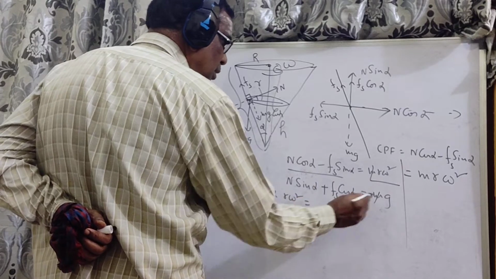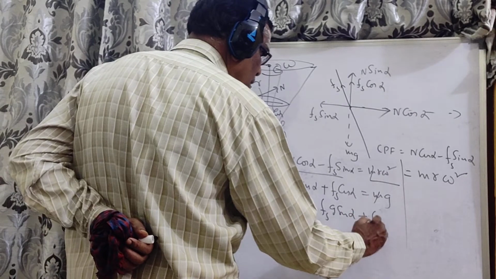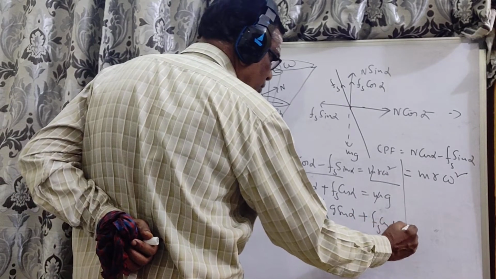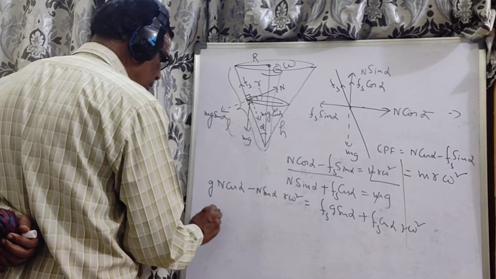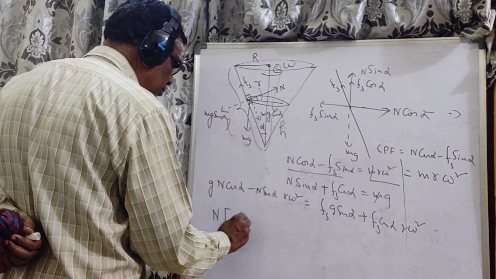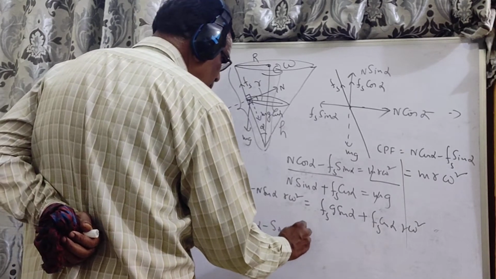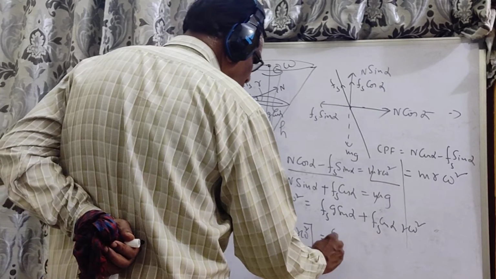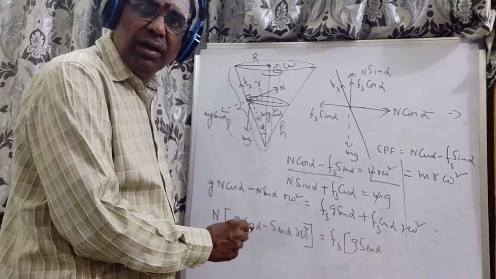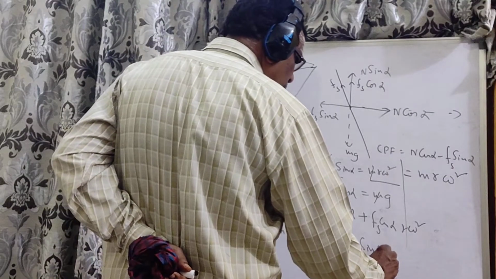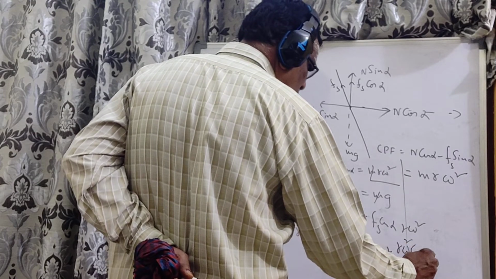Brought onto this side, this is Fs g sin alpha plus Fs cos alpha r omega square, or N into, Fs into g sin alpha plus r omega square cos alpha.